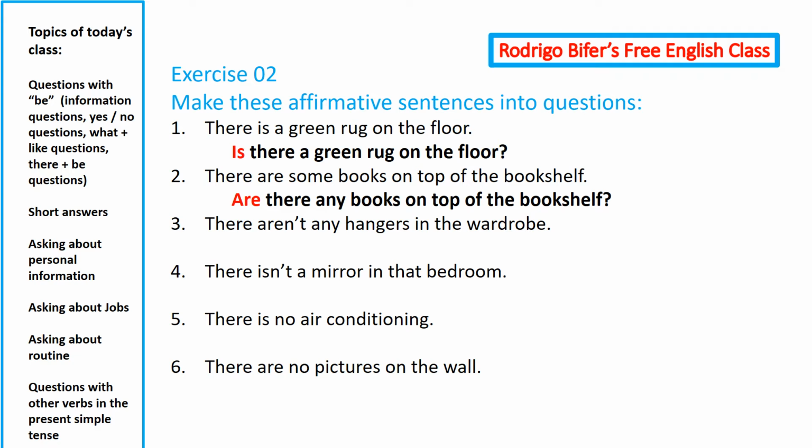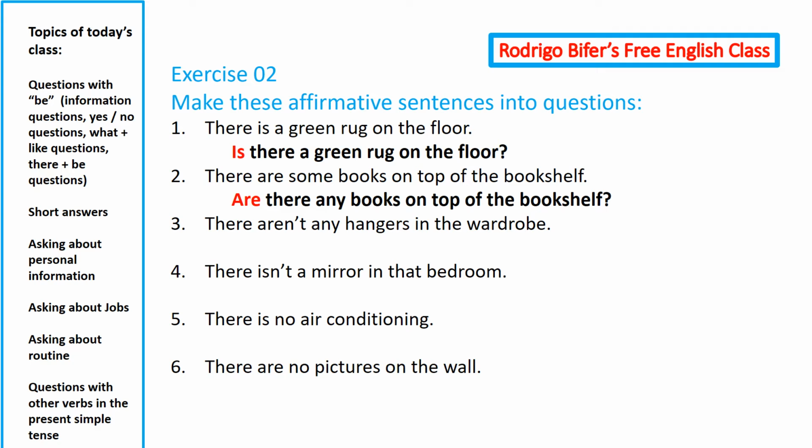So the question is there a green rug on the floor? And we know there is a green rug on the floor. So the answer would be yes, there is. In case there was no green rug on the floor, we would say no, there isn't. And it's the same for number 2. Are there any books on top of the bookshelf? Suppose there are no books. You would say, no, there aren't.